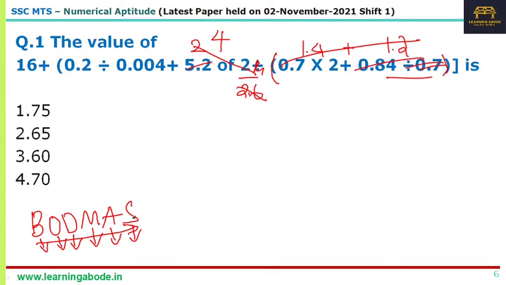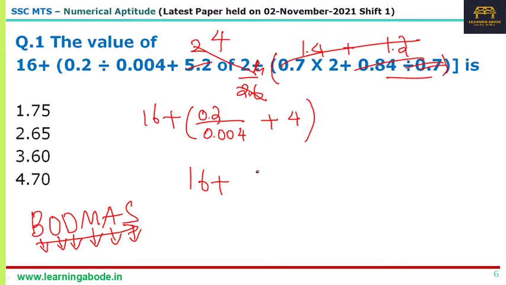Finally what we are left with is 16 plus 2 by 0.2 by 0.004, plus this 2 of 2, which is 4. Here you have 1 decimal, here you have 2 decimals, so you can write this as 2 by 0.04.